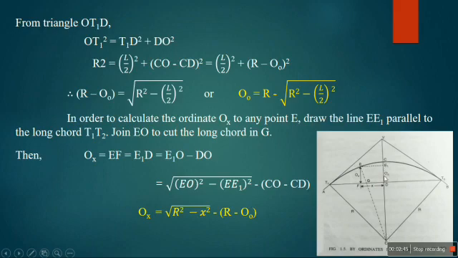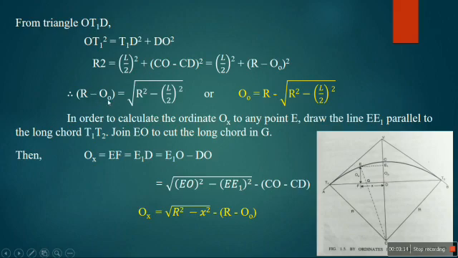Then we have to enter the values. Again, L by 2 whole square plus CO, which is the radius R, minus CD. CD is O naught, that is whole square. Simplify this, square it on both sides.